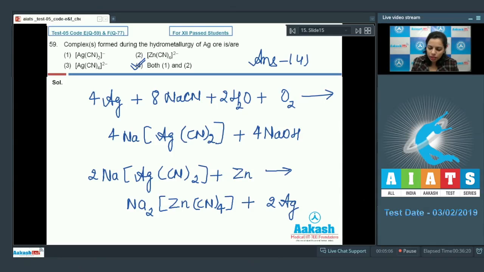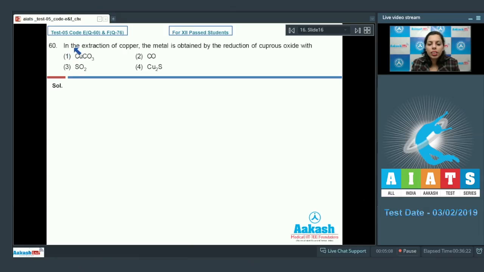After this, question number 60 I have. In the extraction of copper, the metal obtained by the reduction of cuprous oxide with. It means you just want to obtain the copper metal, and this is obtained by the treatment of cuprous oxide with another compound. What's that compound? Basically, this is the process of self-reduction, and here during that process copper oxide is formed.